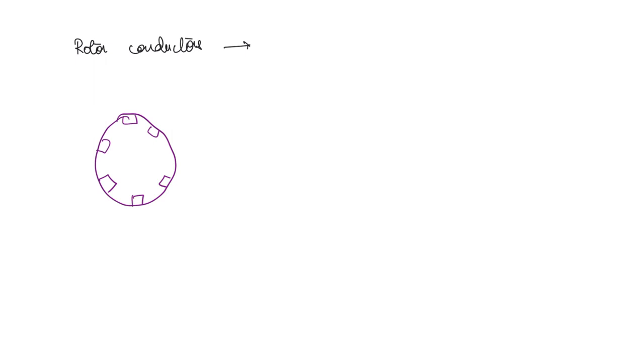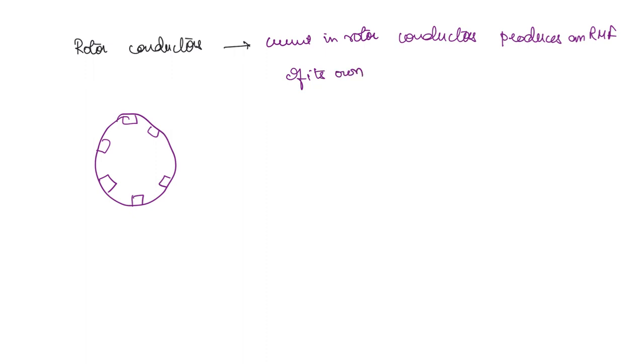So then this will also produce a rotating magnetic field of its own, right? So current in rotor conductors produces an RMF of its own. How do we represent it? We will represent it as BR bar.